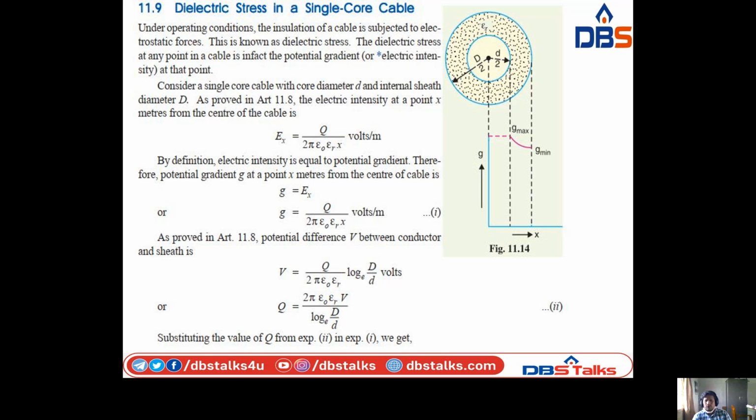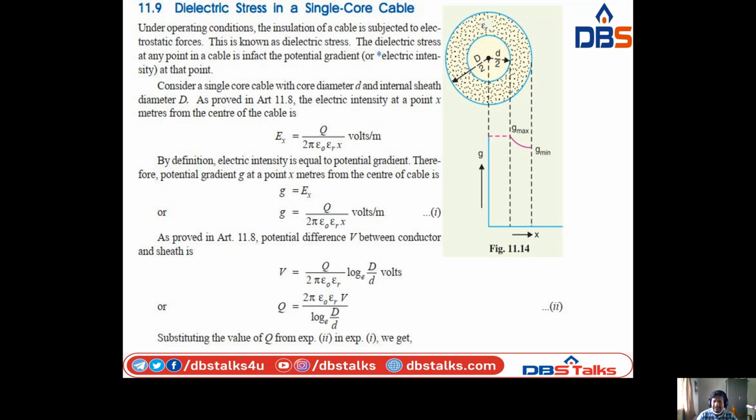The dielectric stress at any point in a cable is, in fact, the potential gradient at that point. Now let us consider a single core cable with a core diameter small d and a sheath diameter capital D. As provided in the last derivation, the electric field intensity at point x, Ex, is equal to Q by 2 pi epsilon naught epsilon r x volts per meter.